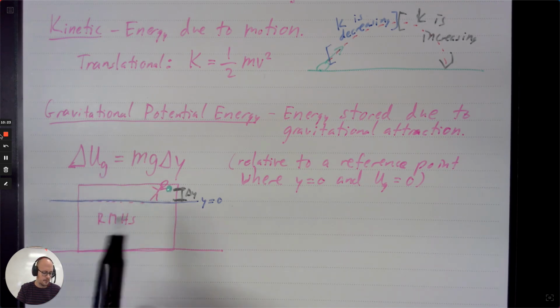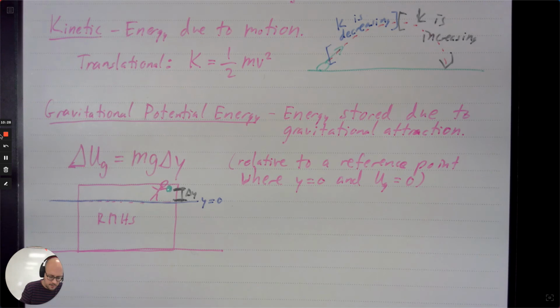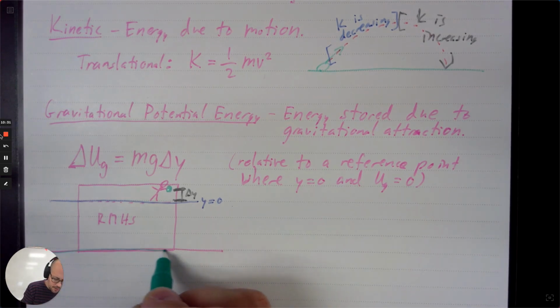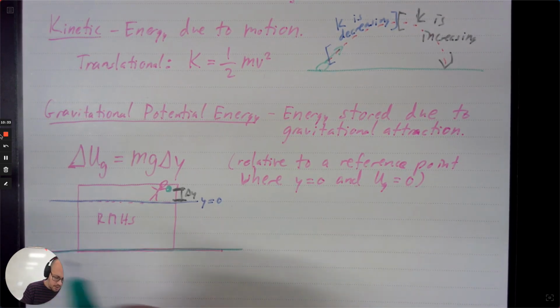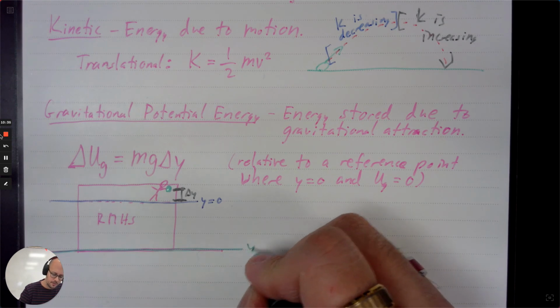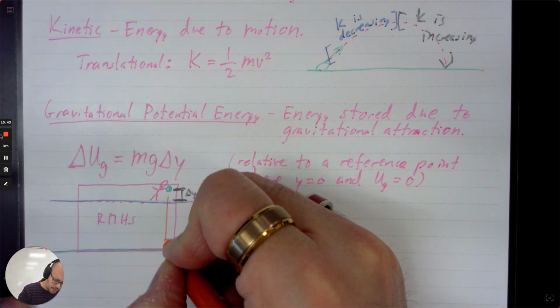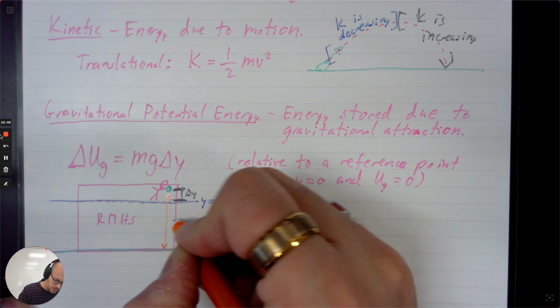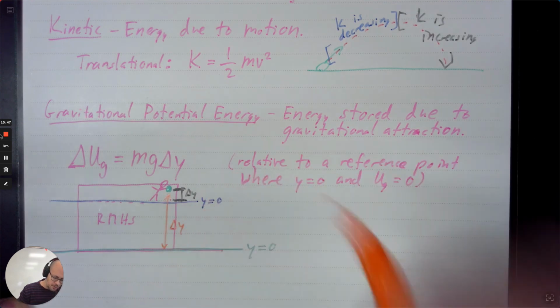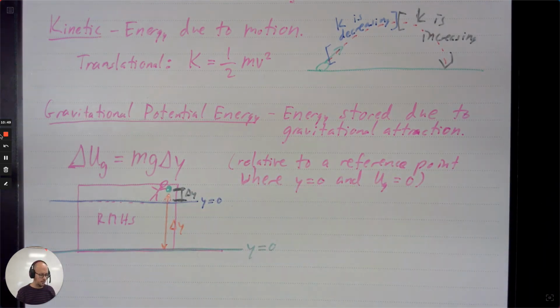And that's very relevant. Now, to talk about some poor decision making, I could instead decide that the ground where RMHS is on, in other words, Earth, is 0. The only problem with that is when I go to measure the height of it, I now have to include the height of the 2 floors underneath RMHS on the way to the ground.